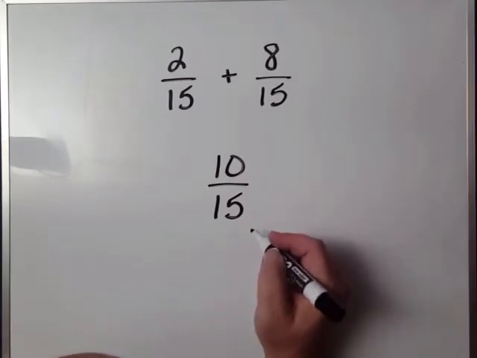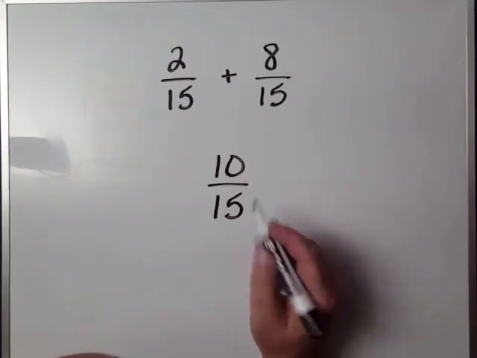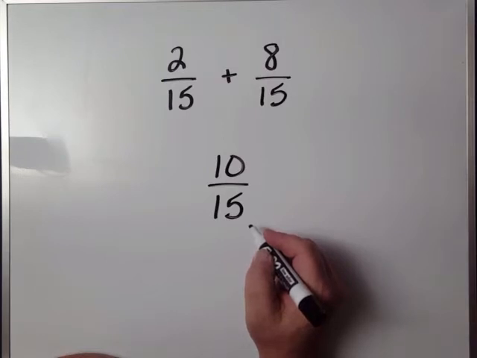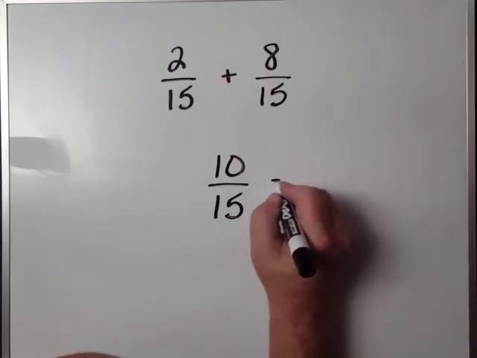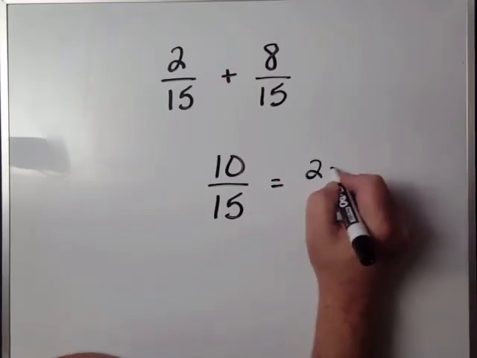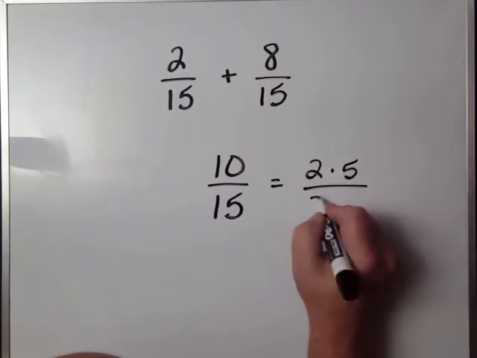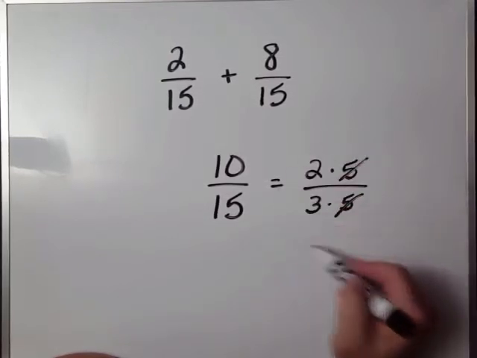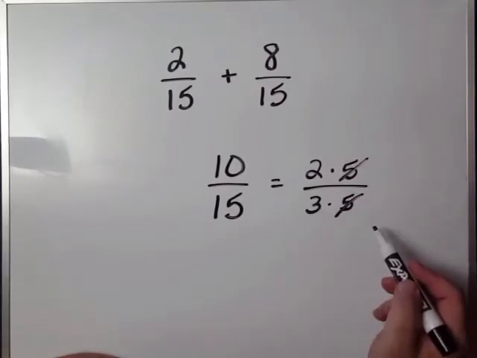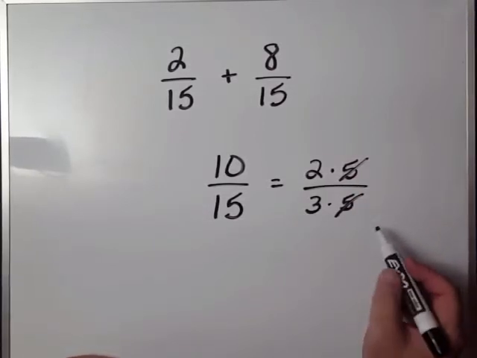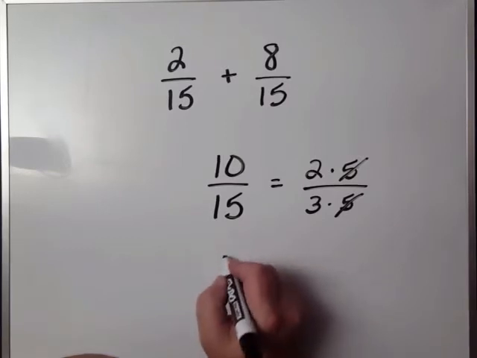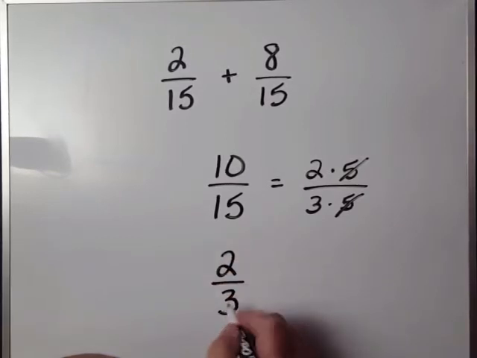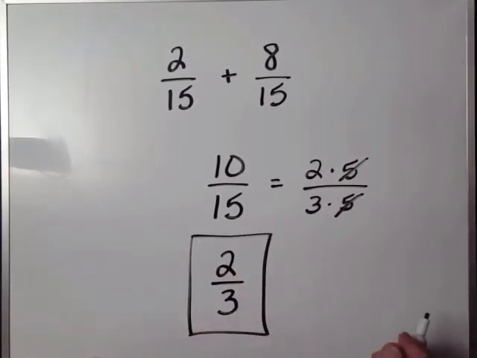And then, to get our final answer, we reduce this to lowest terms, dividing the top and bottom by 5. Or as we've shown recently, we can factor the top, factor the bottom, and cancel those 5s. That really looks more like what we're going to be doing as we work these problems in rational expressions. But either way, get this in lowest terms, and we've got our final answer.